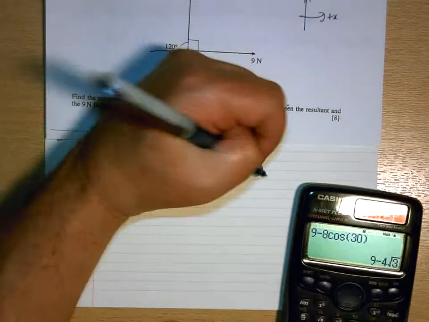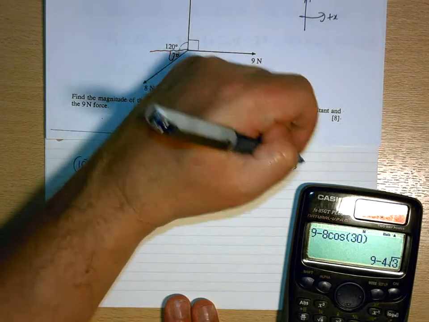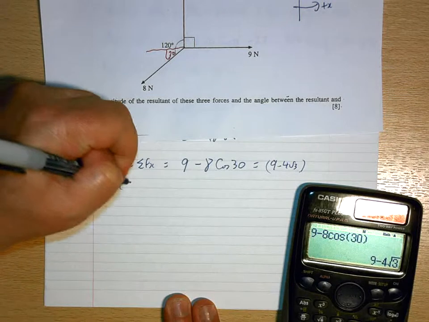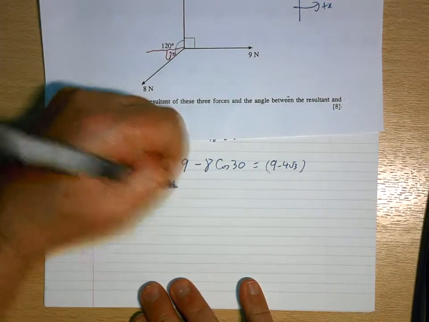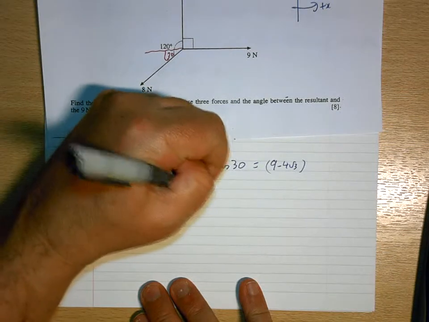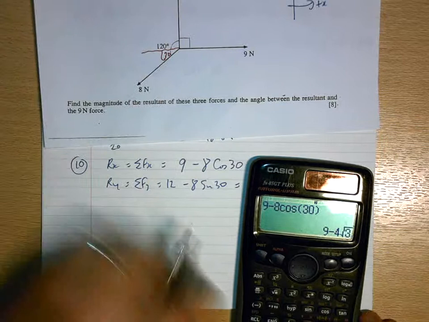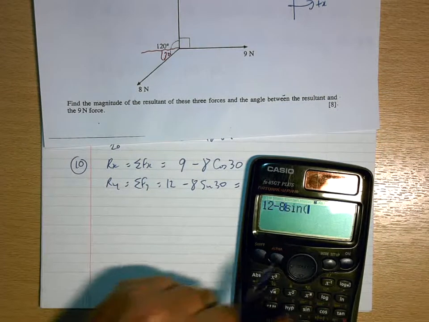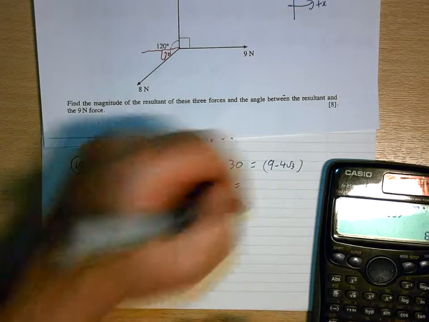So 9 minus 4 root 3. Ry is going to be 12 minus 8 sine 30, which is 8.